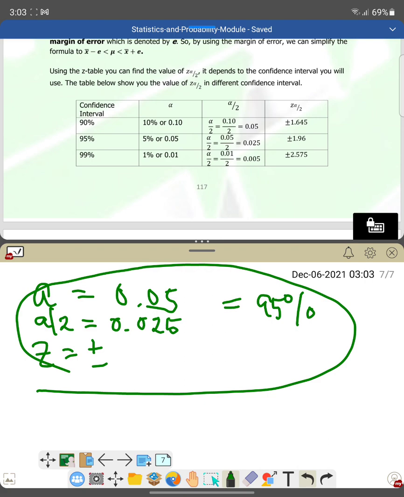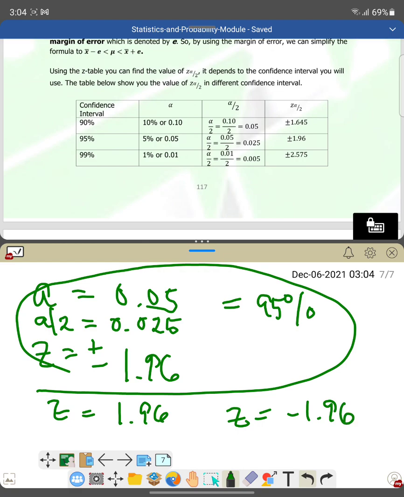For 95%, since that is alpha over 2 and directional, we have z equal to plus or minus 1.96. Since it is both sides, this means that your critical values are positive 1.96 and negative 1.96.